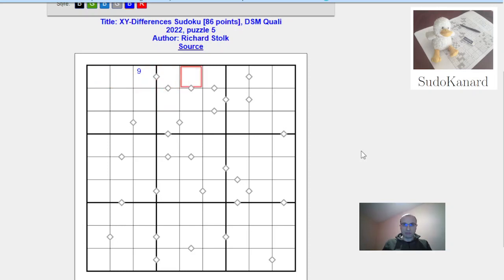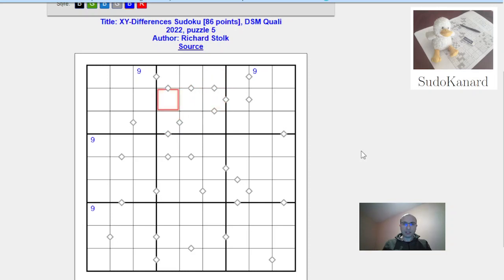Here there are symbols, here as well, here as well, here as well, but here there are no symbols. So in the first row, 9 can only be in those two positions. In the first column, not here, possibly here, not here, not here, possibly here, and not there. So we have 4 options for placing the 9s in those rows and columns.